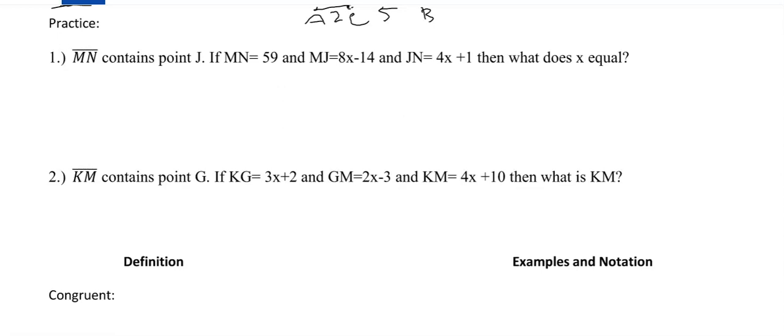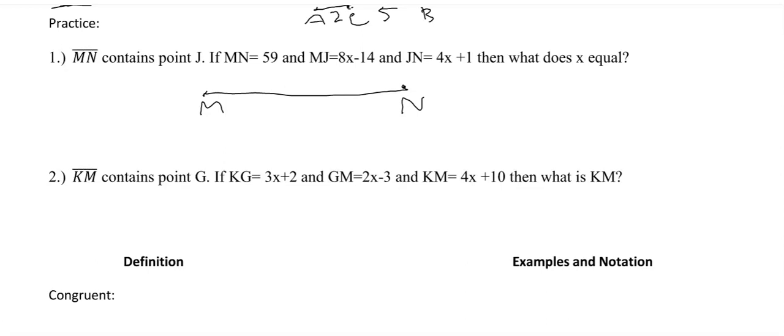So here I have no idea what they're saying, so I'm just going to draw it out. I go in, I say, I got to click on pencil. Okay, so once again, they said if you have M going all the way to N, and J is going to be somewhere in between. If they don't tell me that it's perfectly in the middle, do not draw it perfectly in the middle.